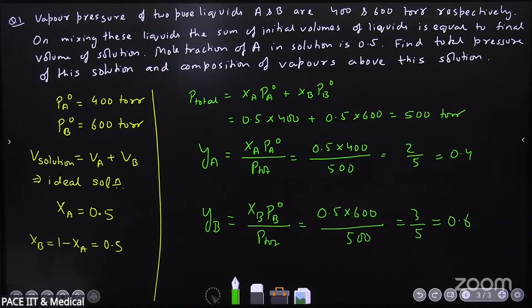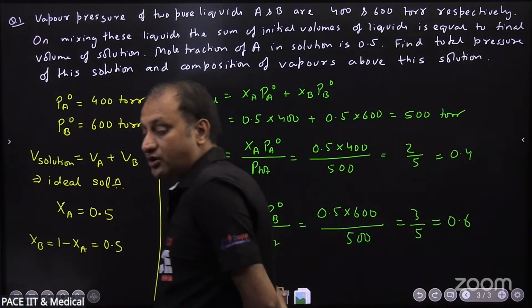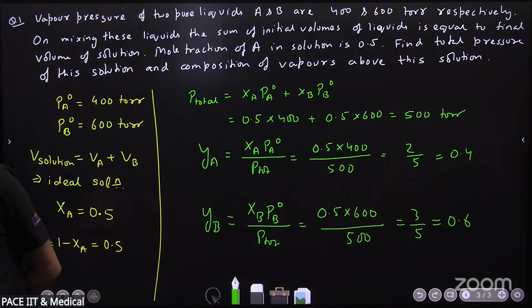Vapor pressure of pure B is 600 while vapor pressure of pure A is only 400. So since B is the more volatile liquid, therefore mole fraction of B in vapor has increased. Okay. So quickly go through this before we move to next problem.